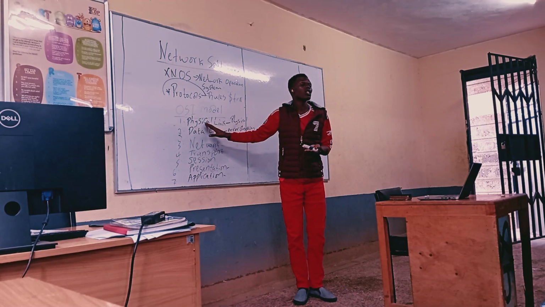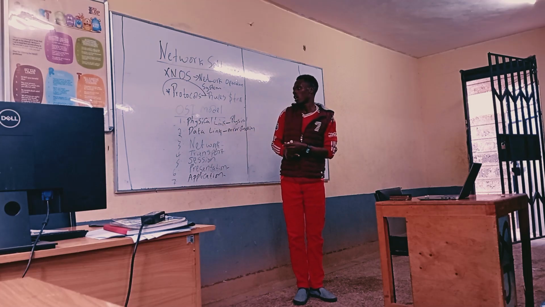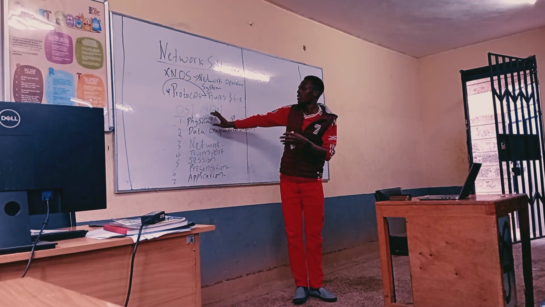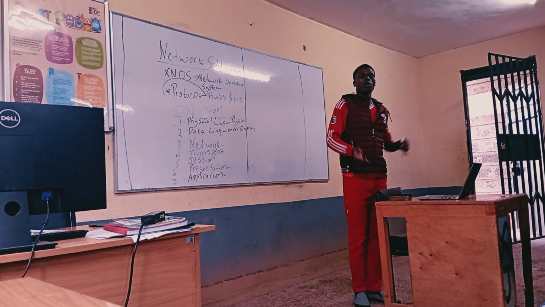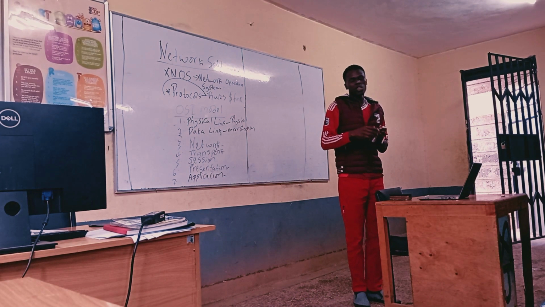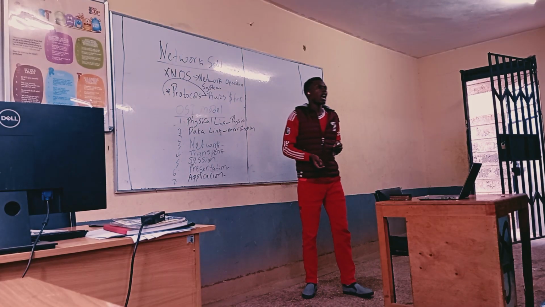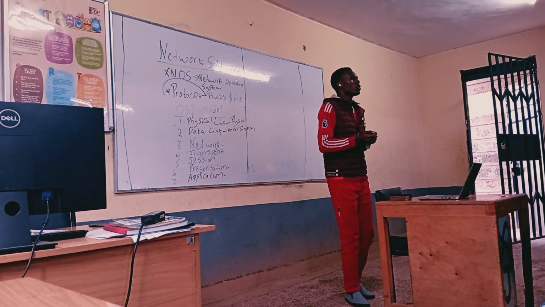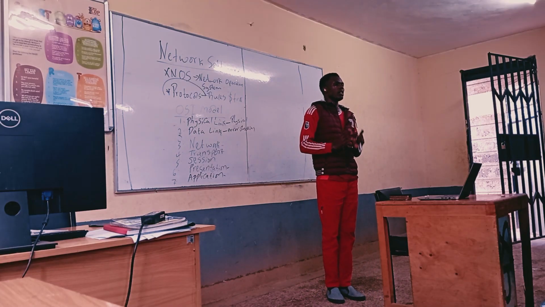The first one is physical, which is dealing with the physical parts of the network. This is the layer where we are doing the wiring, using those cables to wire the network. And then the data link, this one is established after you have wired the cable, is when you will be able to check if there's an error coming in.